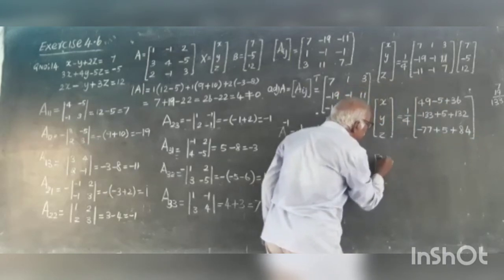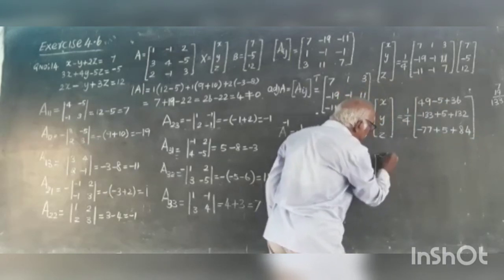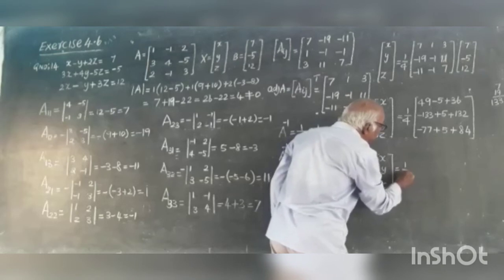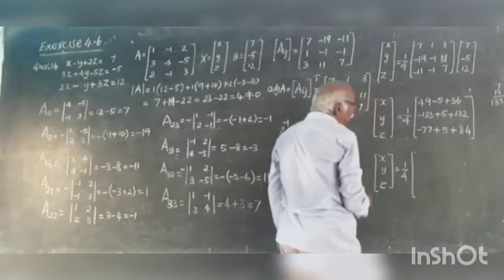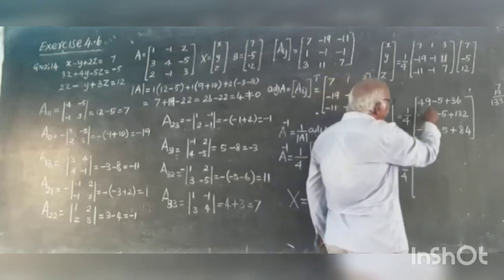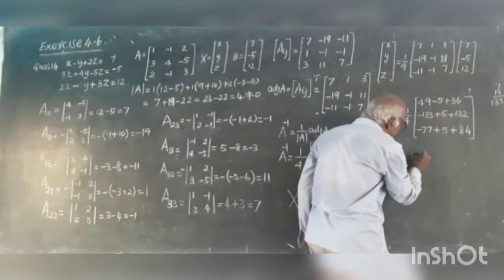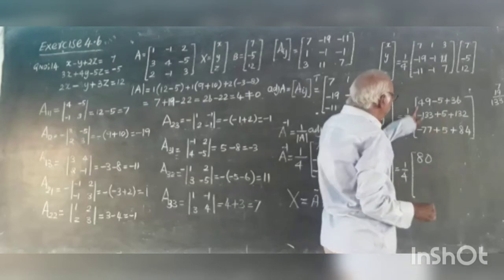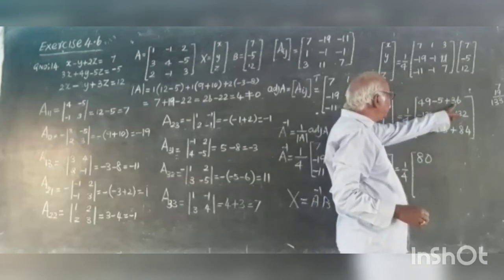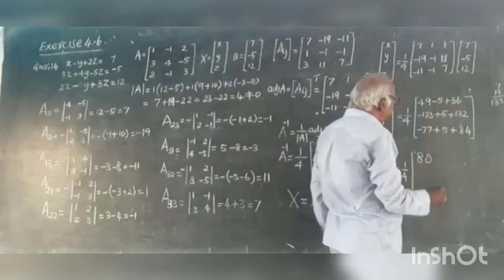Then add: X, Y, Z equal to 1 by 4. Add up: 49 plus 36, 85; 85 minus 5, 80.